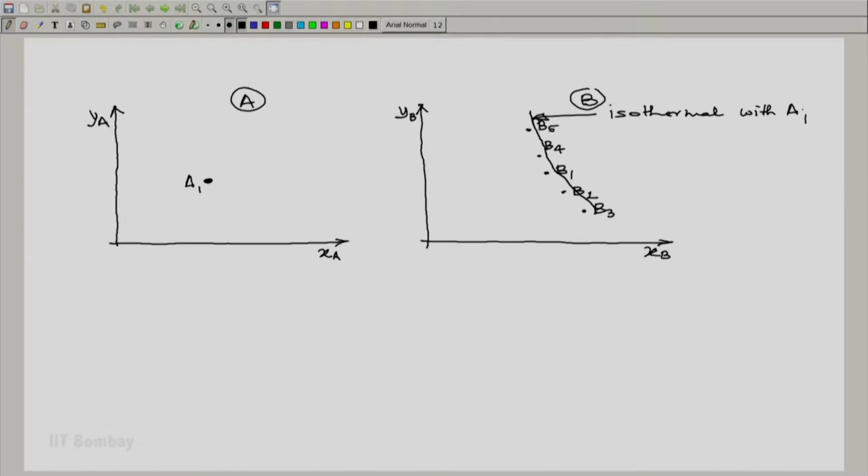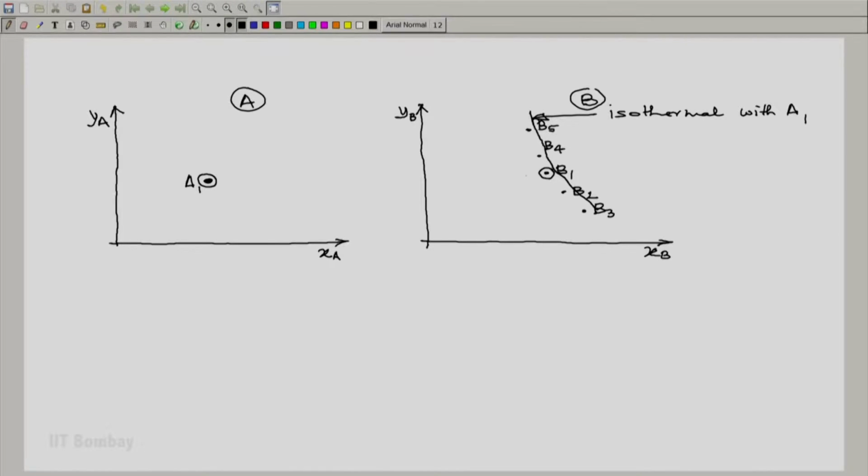Let us now do the experiment the other way. Instead of fixing state A1 of system A, let us fix the state of B to B1. Now B1 and A1 are isothermal.